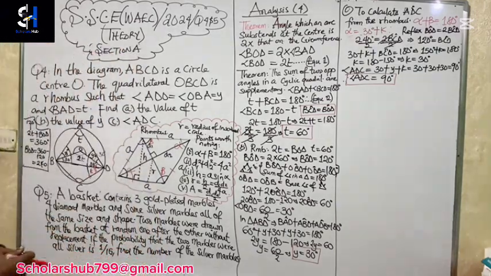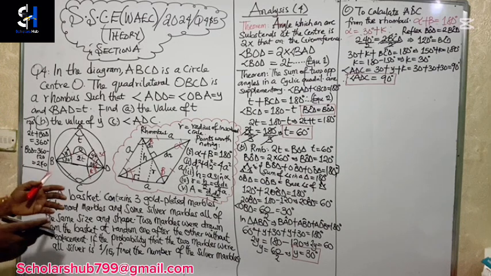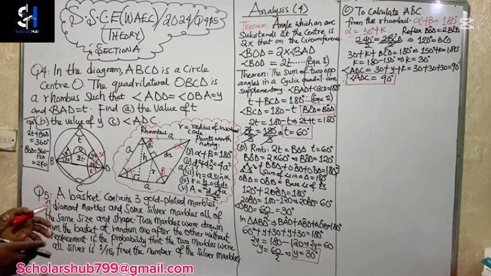So now let's look at this question. A basket contains 3 gold plated marbles, 4 diamond marbles, and some silver marbles, all of the same size and shape.